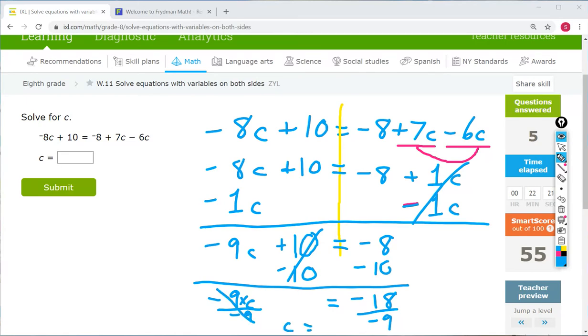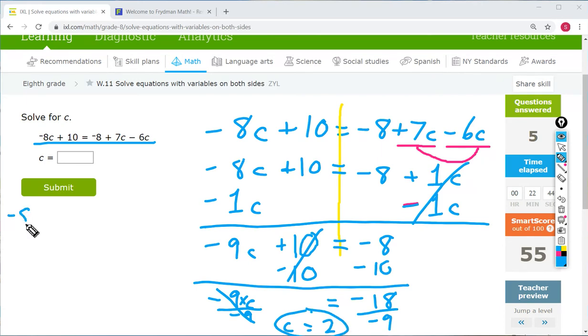C is equal to a negative divided by a negative, which is positive. So C equals +2. And you know what? I will go ahead and just plug that in to the original equation just to check it. So I'm going to rewrite everything, except wherever I see a C, I'm going to write 2.